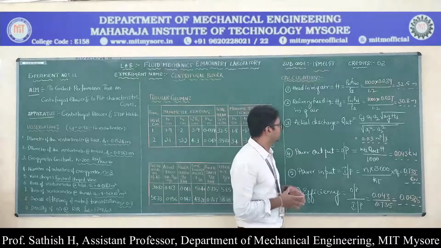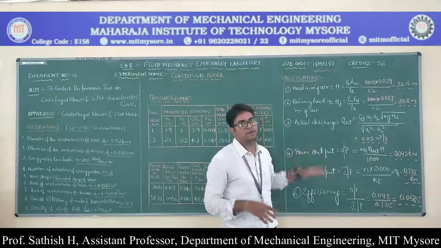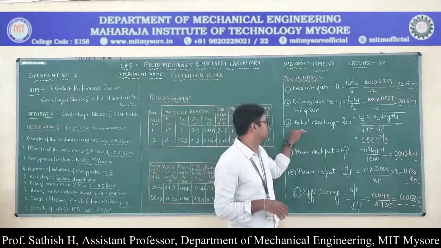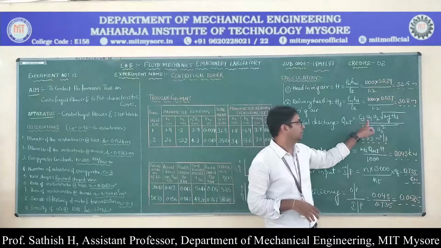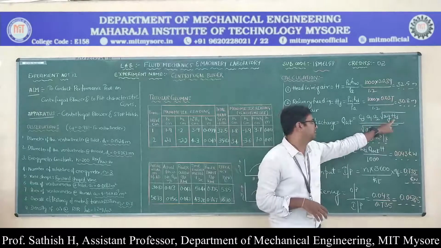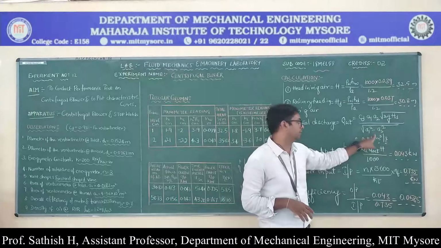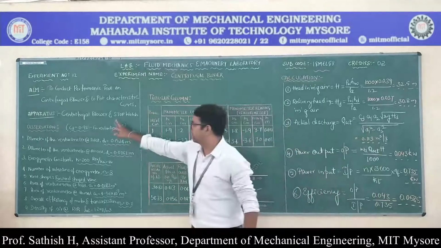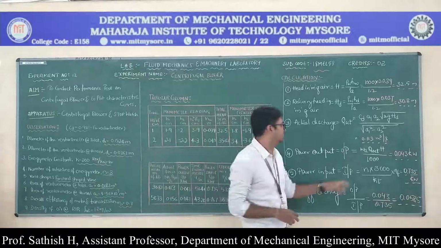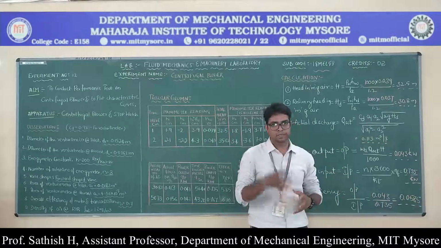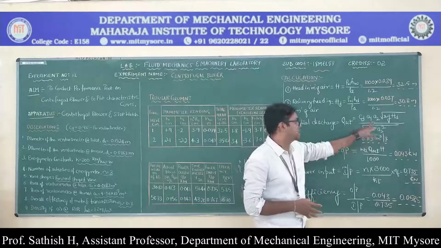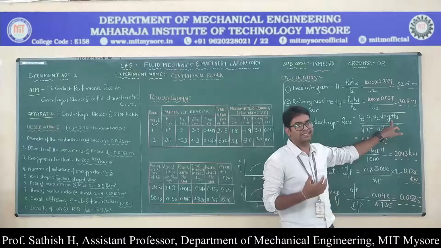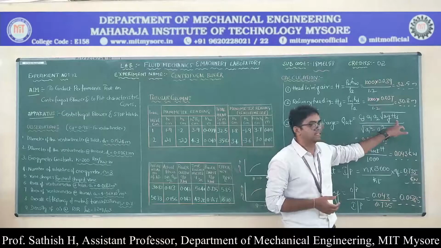To calculate the flow rate, we know from the venturimeter's principle the formula: actual discharge is equal to CD times A1 A2 into square root of 2G into HD, divided by the square root of A1 square minus A2 square, where CD is the coefficient of the venturimeter, A1 is the area of the venturimeter at the inlet, and A2 is the area at the throat. Under this square root we have 2 times G, where G is the constant 9.81, and HD is the differential head.